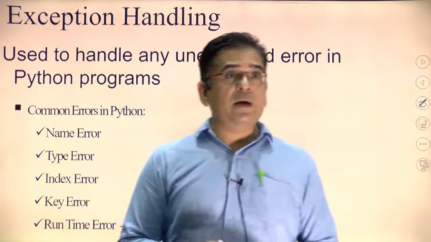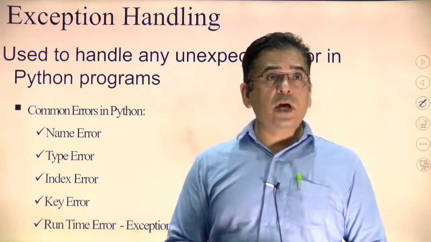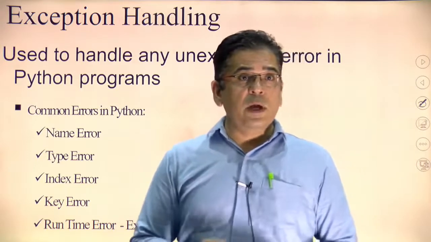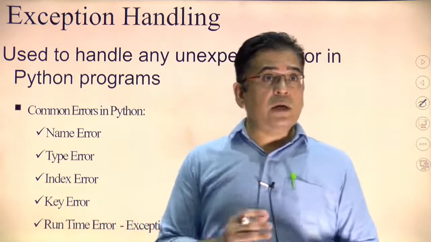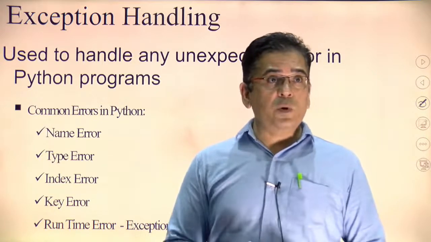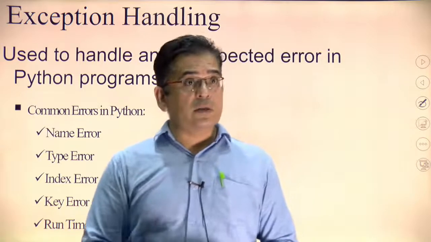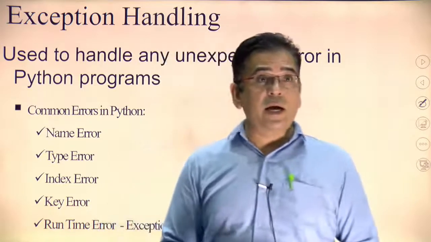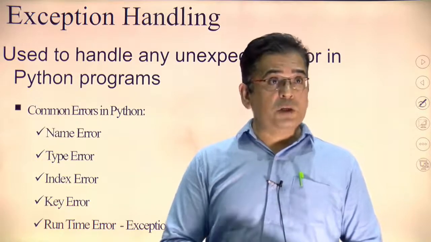But some errors are semantic or logical errors, which do not have any syntax problem associated with the program, but they arise while the program is in execution or under running state. That is called a runtime error or an exception.